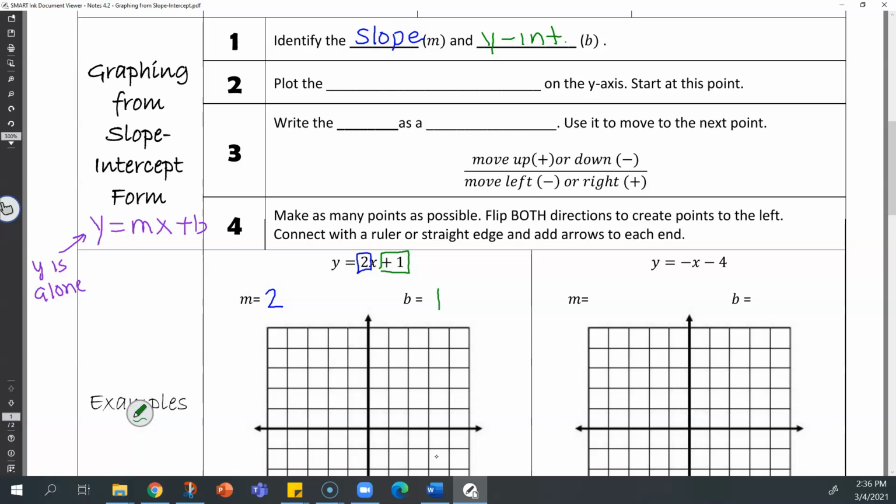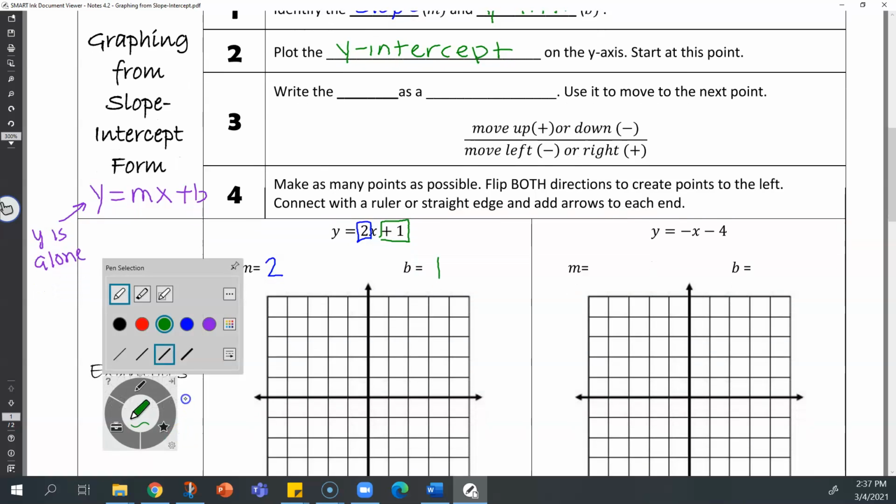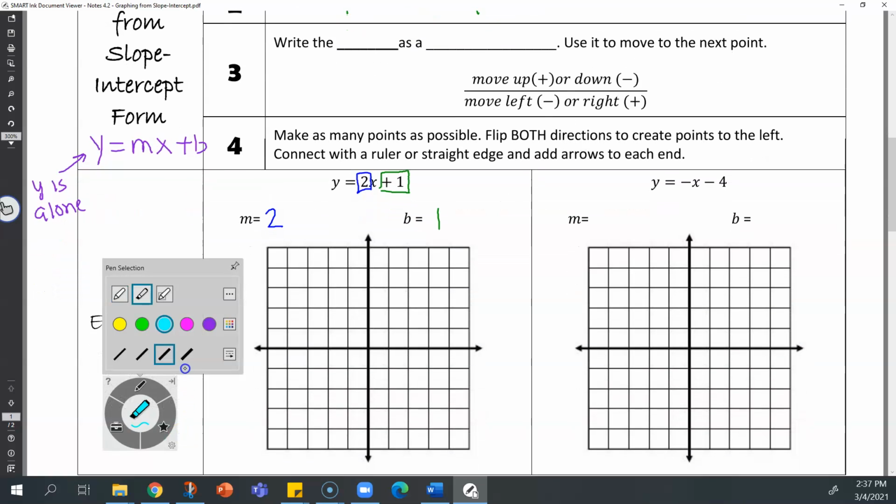Now that I have those values, I'm going to use those to actually put the line on my coordinate plane. So the first thing I want to do is plot the y-intercept on the y-axis. Remember that our y-axis is this axis that goes straight up and down.